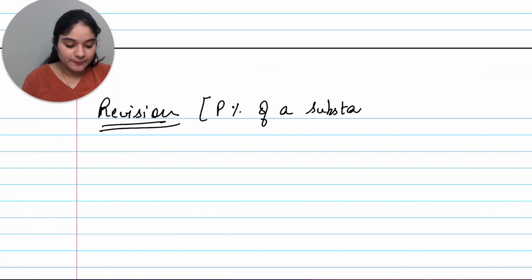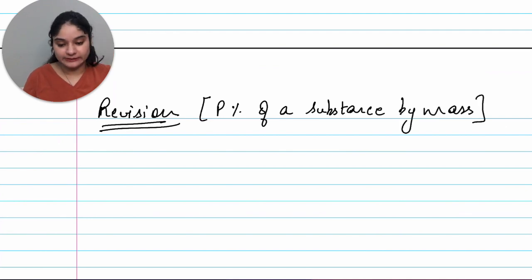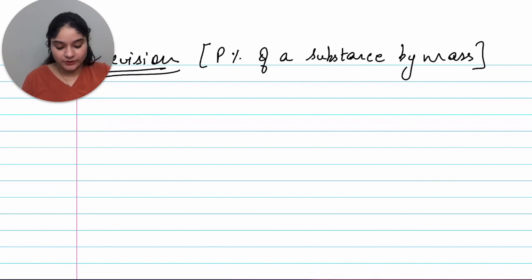The step 1 was, and this is for P% of a substance by mass. So let's quickly revise this. When I have P% given to me, I'll figure out the information that we have.